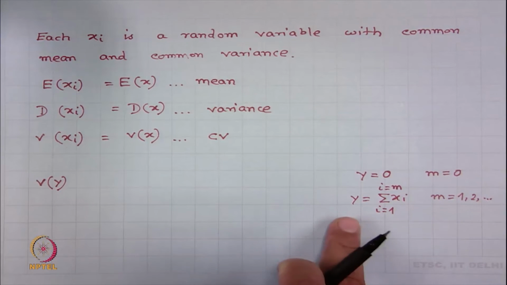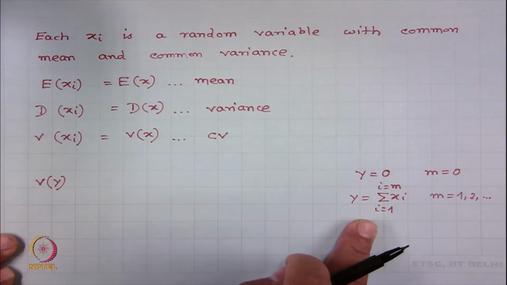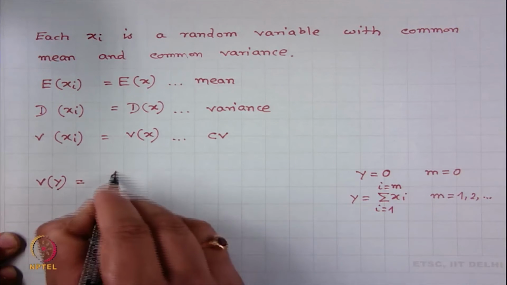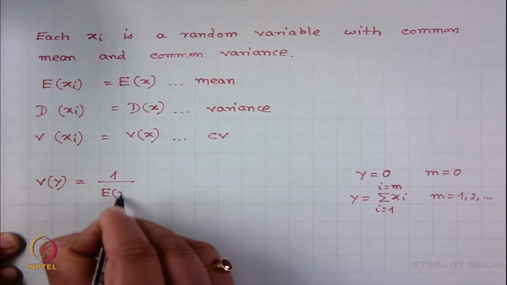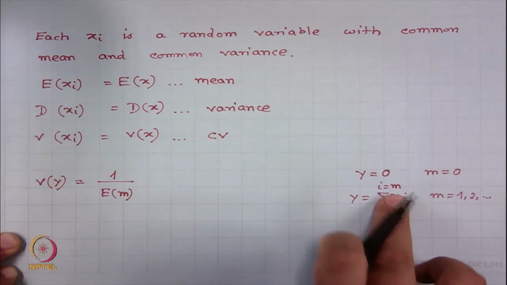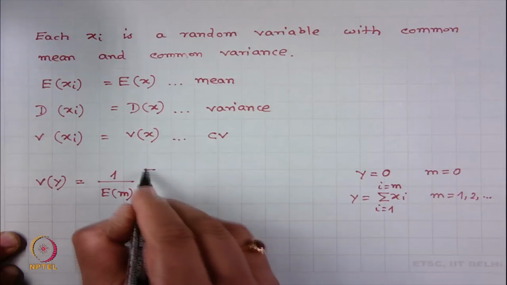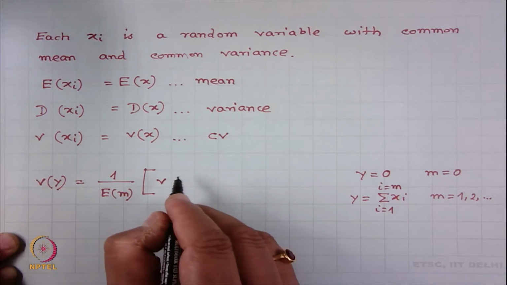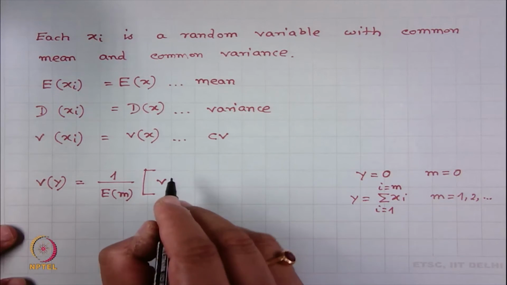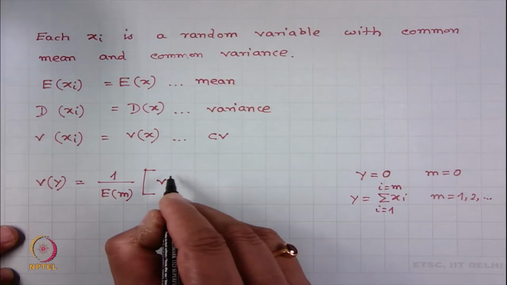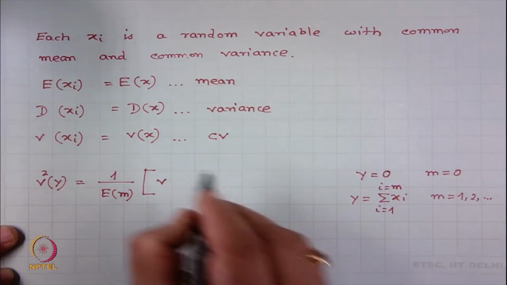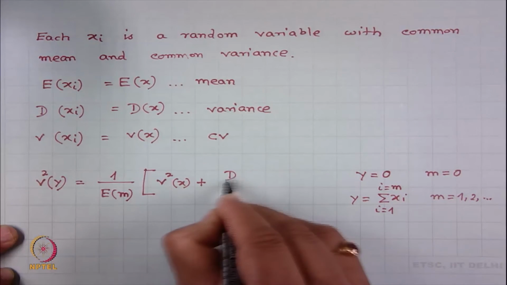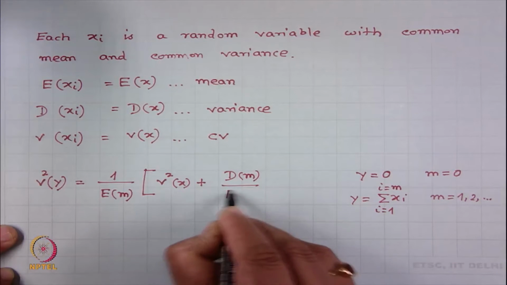If such is the definition of a random variable, then the variance of y can be written as follows: expectation of m, variance of x, plus variance of m by expectation of m.